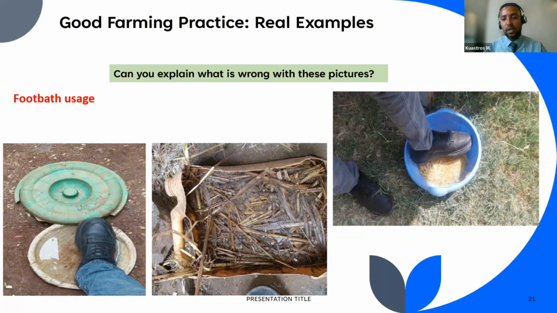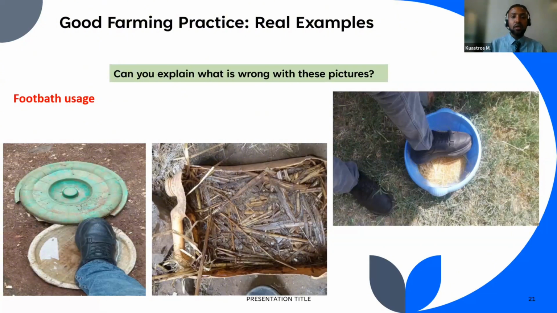And in the third picture, you can see he is using the normal shoes that he wears for casual purposes, and also the size of the foot bath container and his foot are not proportional, so it doesn't immerse all of the foot in the foot bath chemical.